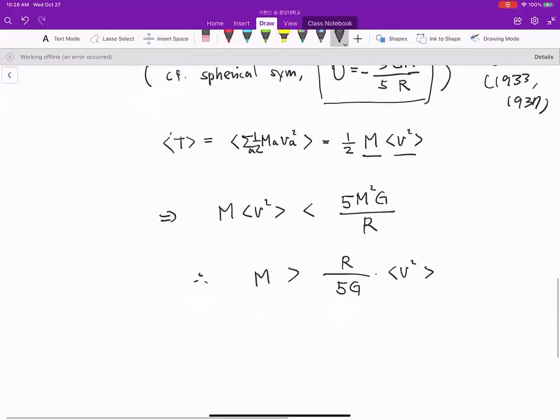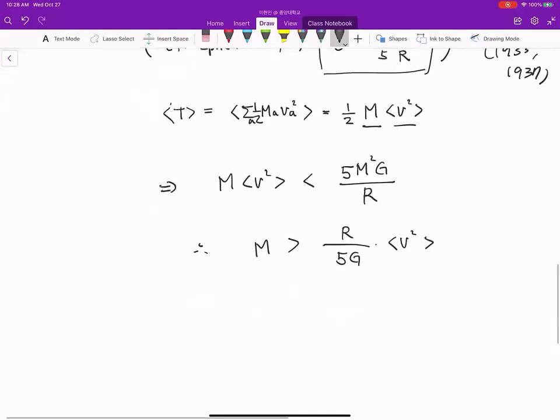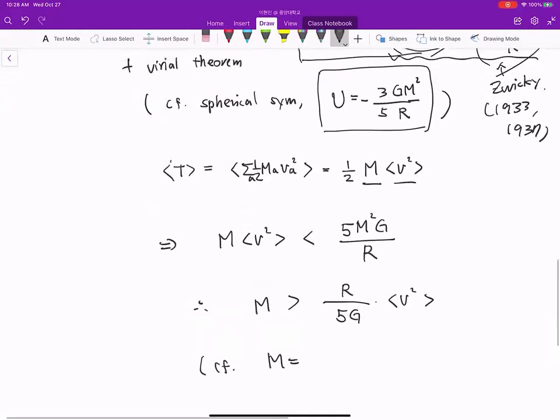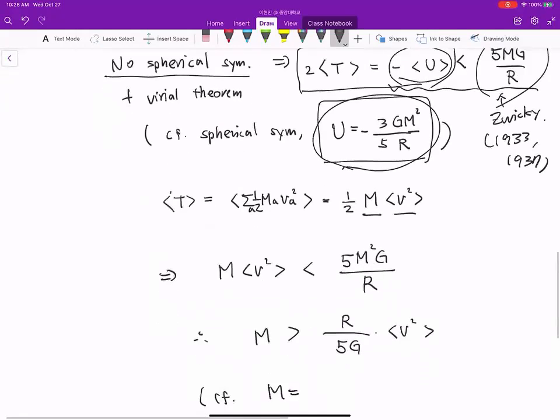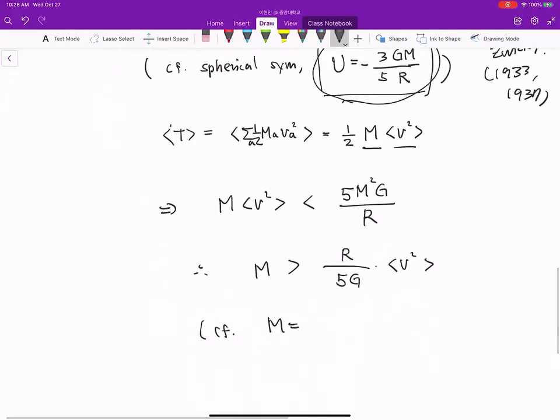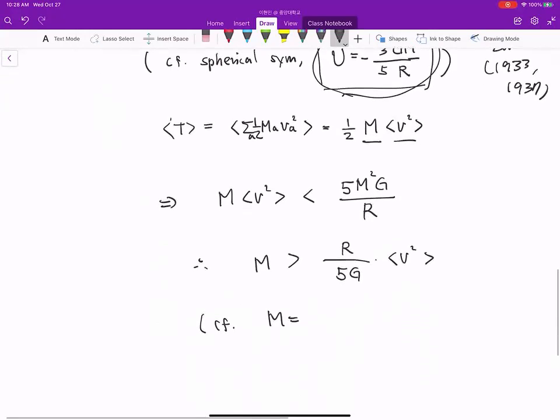Previously, in the case of spherical symmetry, this was with this assumption for the gravitational potential. In that case, the total mass was just given by 3 times 3 times 3. Okay.